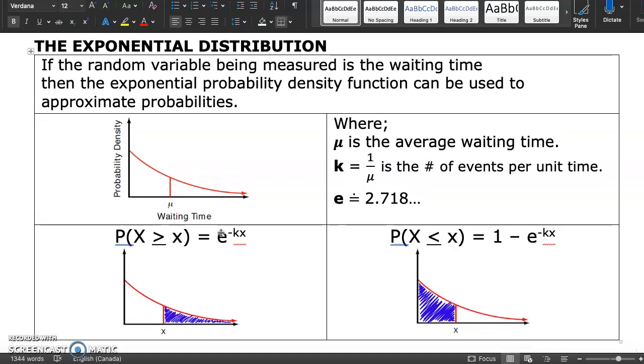And there's two different versions. What we're going to do is look at this version, which is the probability that x is greater than a particular value of x is equal to e to the negative kx. So that tells you the area to the right of a certain point. And that area, if the total area underneath the curve is equal to 1, then in order to find the area on the left-hand side of a particular point, you would just use the total area minus this expression to get this area. And that's what's done in the second formula, 1 minus e to the negative kx.